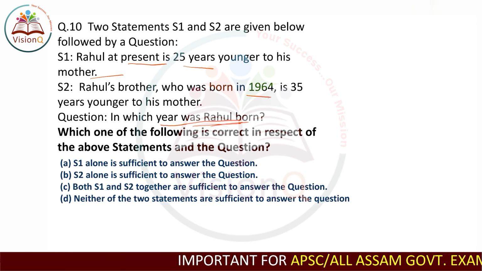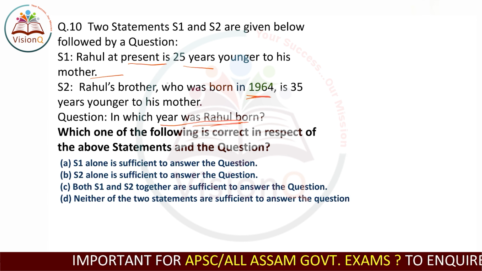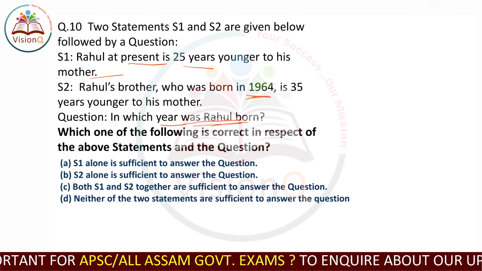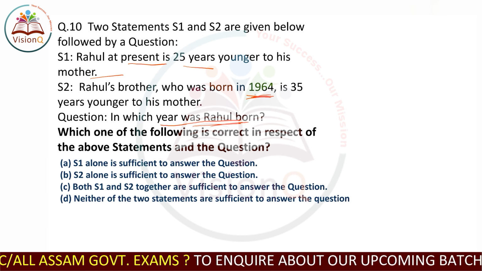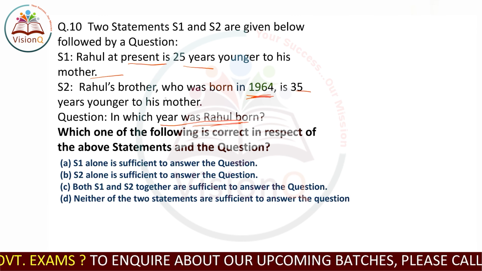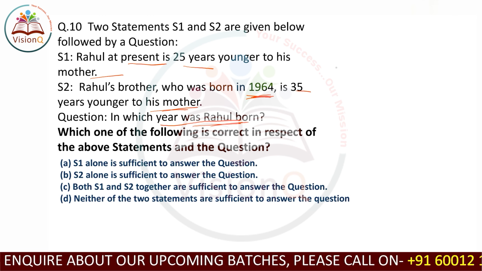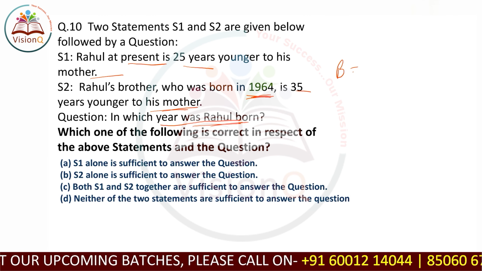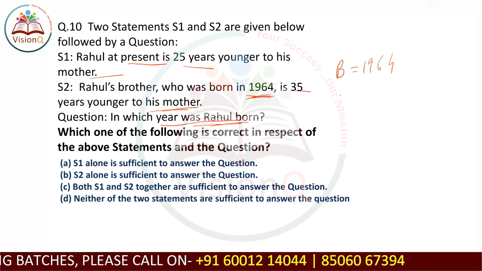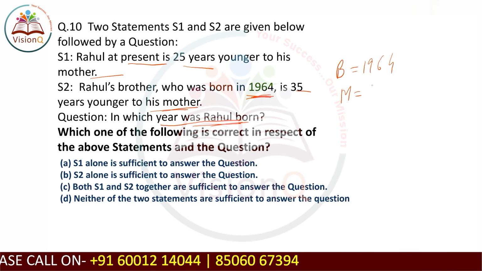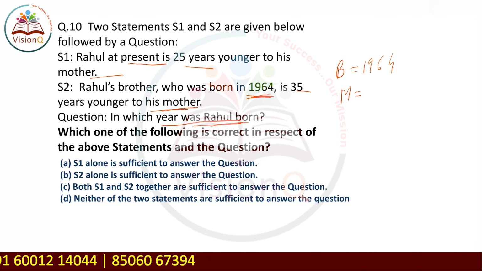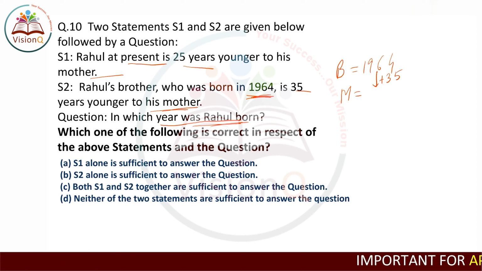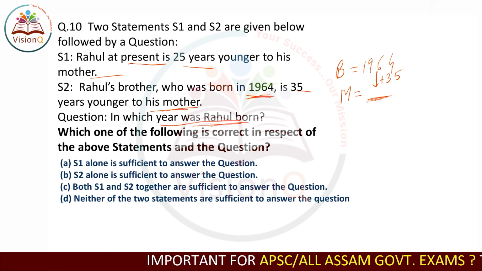Here one year is given, which is the year of birth of Rahul's brother. It is 1964, and Rahul's brother is 35 years younger than his mother. So Rahul's brother was born in 1964, and his mother is 35 years elder than that. So I can find out the year of birth of Rahul's mother.